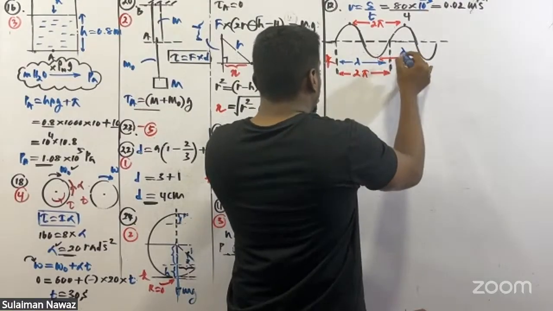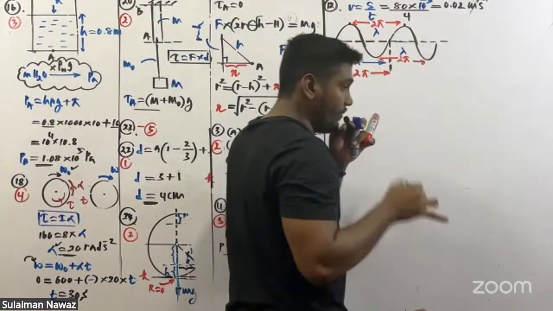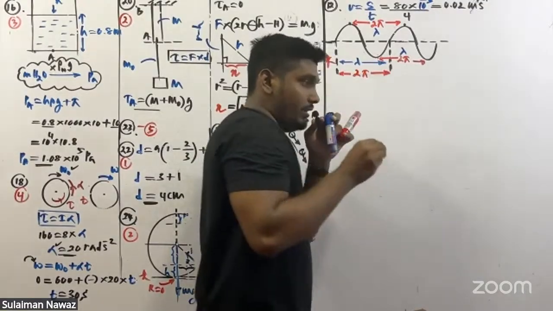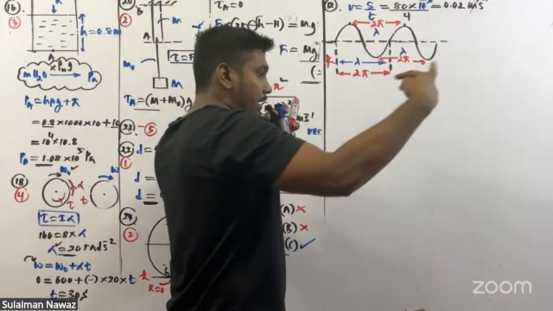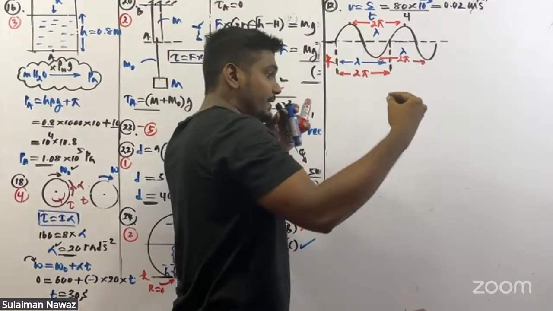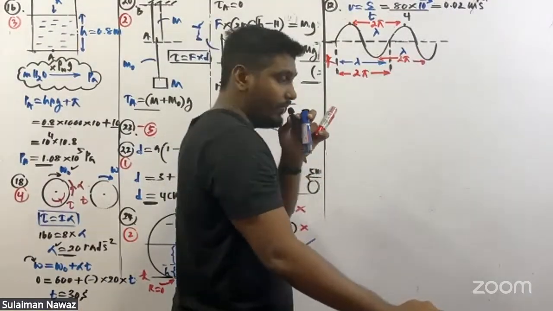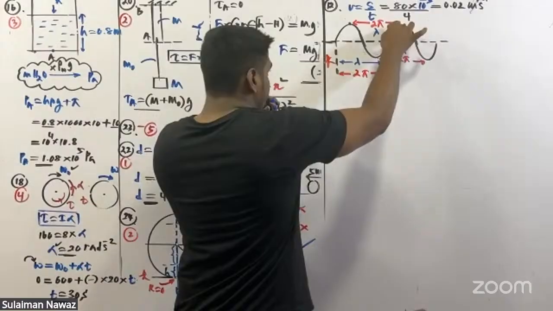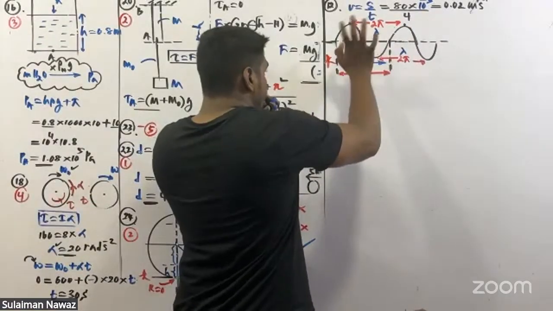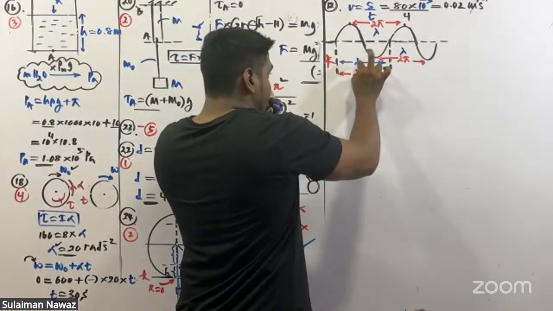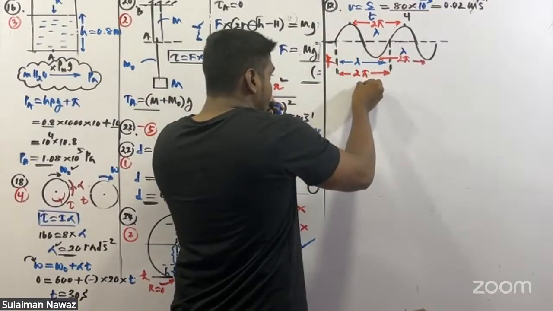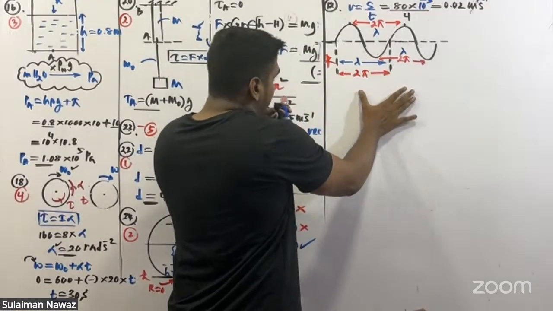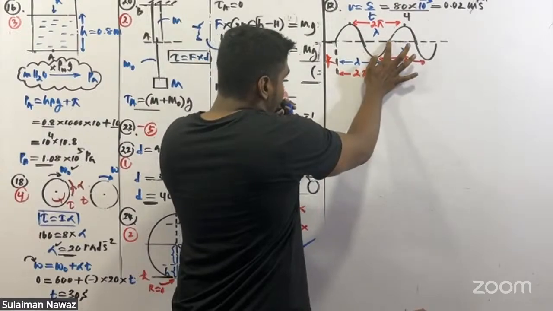If they ask about two medium particles in a wave having a phase difference of 2 pi, then one particle is here and one particle is here.